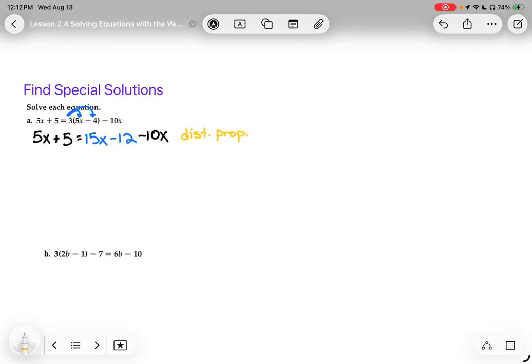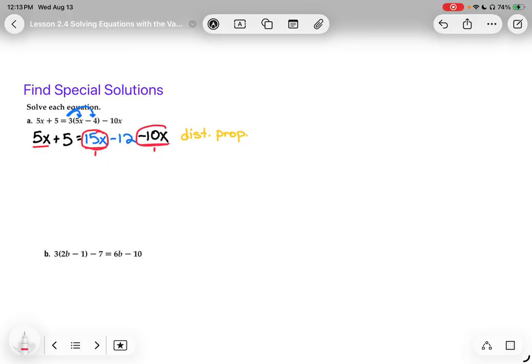After doing that, we now have three different terms that have variables in them: a 5x, a 15x, and a minus 10x. Since the 15x and the minus 10x are on the same side of the equal sign, we can combine them.